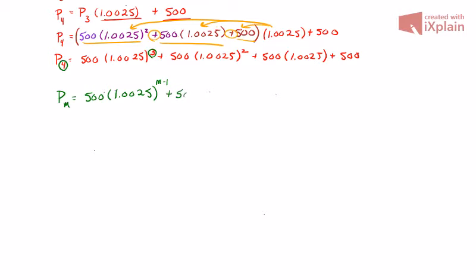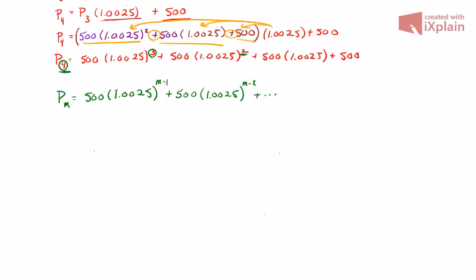Then the following term must be 500 times 1.0025, and again, if 4 is represented by m, 2 is 2 units less than 4, so we would write that as m minus 2. We know that this is going to go in descending order, so I'm just going to use an ellipsis because, since I'm working with variables, technically it would never end.